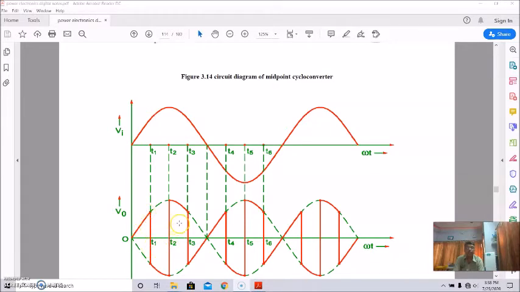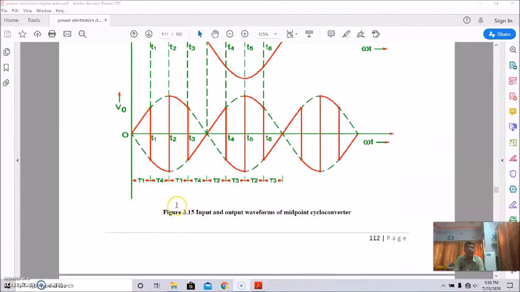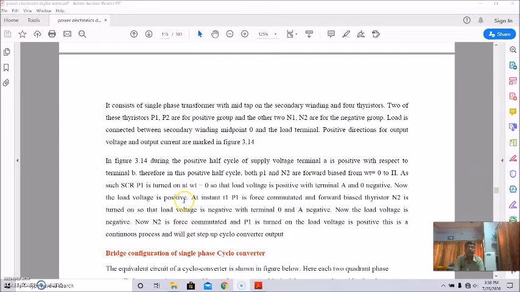In that case, this will be the output. Clear? As P1 is turned on at omega t equal to 0, the load voltage is positive with terminal A positive and O negative. Now the load voltage is positive.